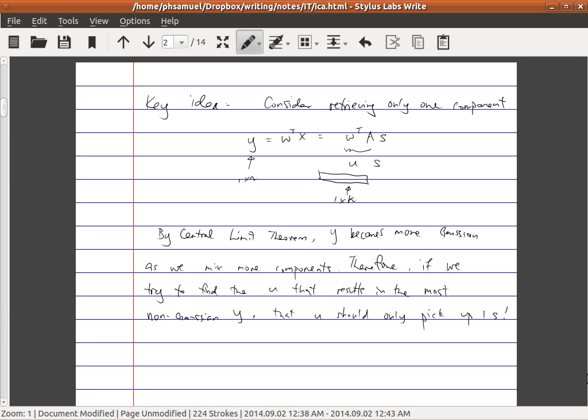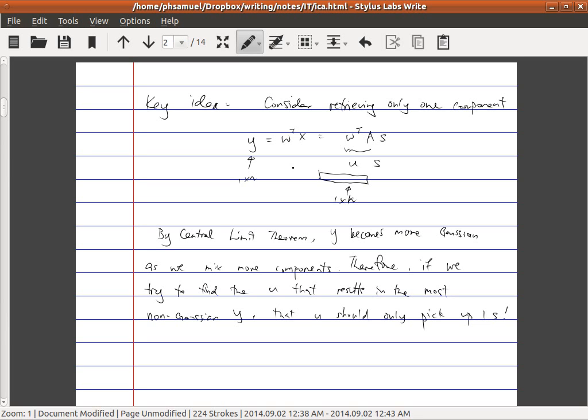So the key idea is pretty simple. Let's say, for the moment, we only want to extract one independent component, and we write again y is equal to W transpose X. Now we only have one component, therefore W transpose is just a row vector. And as we have seen in the previous page, X is equal to AS, so we can write y is equal to W transpose AS, and let's denote W transpose A as U, which is just a row vector again.